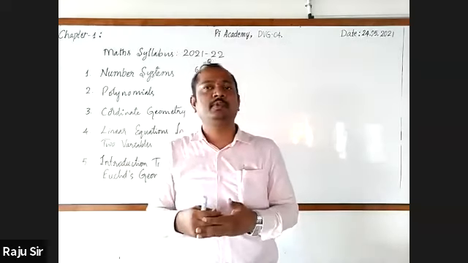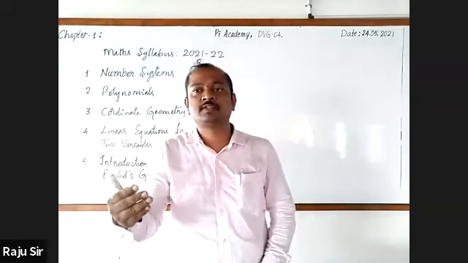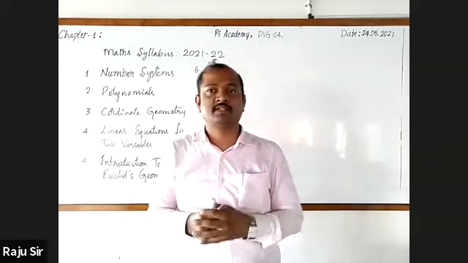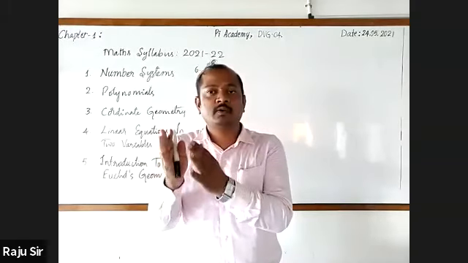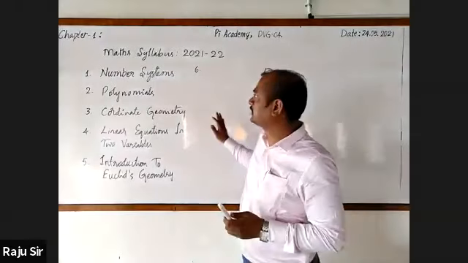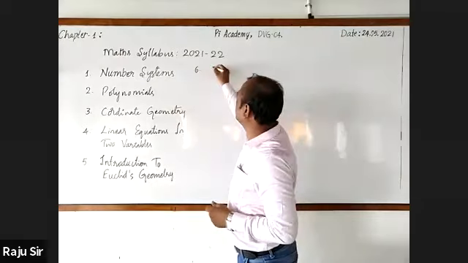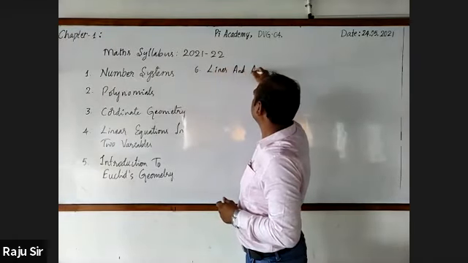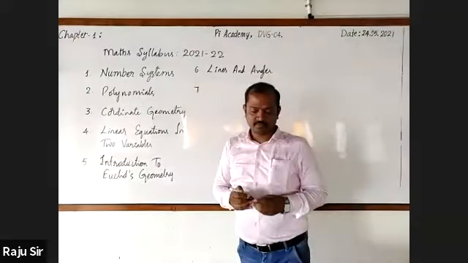You have learned about different types of lines, and with respect to lines, even angles and different types of angles in your previous classes, right? Its extended parts are going to be learned in the chapter called Lines and Angles. This is the sixth one, right? Lines and Angles.